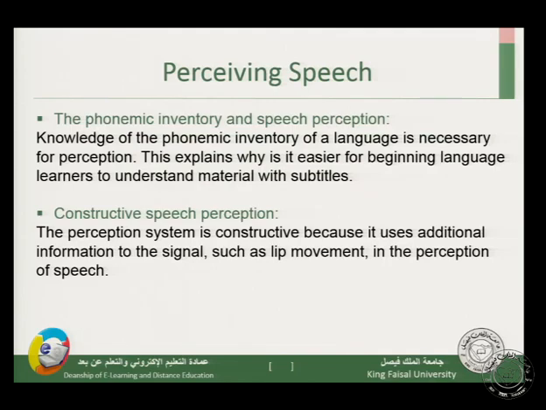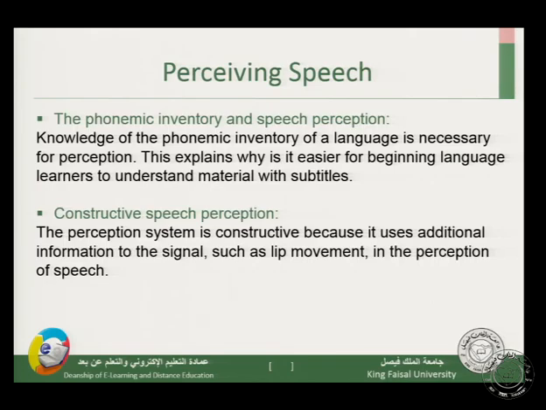Perceiving speech. There are facts to consider on this matter. The first is the phonemic inventory and speech perception. What do we mean by the phonemic inventory? It is the set of sounds of a language. A language such as Arabic has phonemes, such as a, b, ta, da, kha, etc. These are called phonemes.